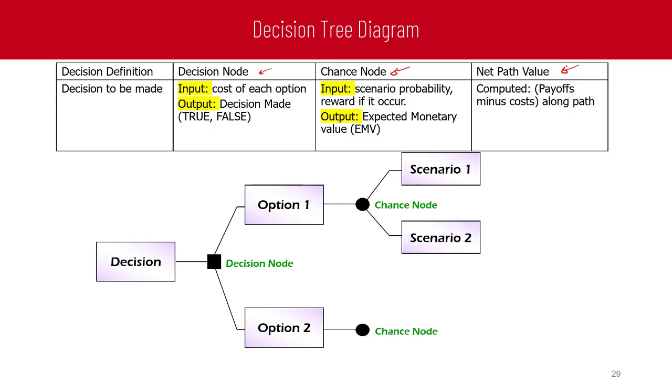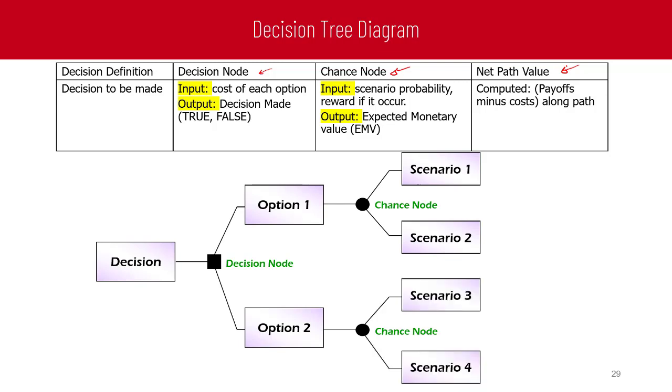Option number 2 will lead to a chance node with scenario number 3 and scenario number 4. Each of the 4 scenarios will have its own probability and reward. This only makes us draw the diagram.